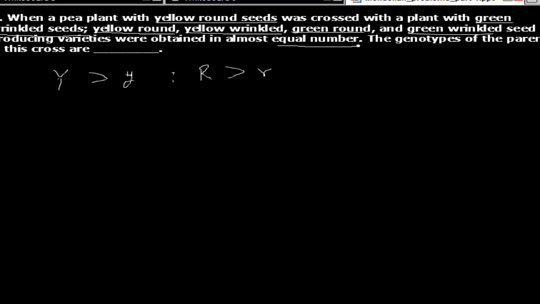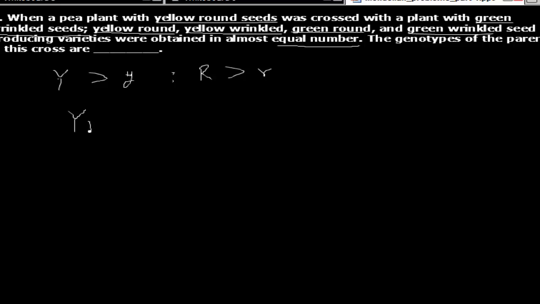So if it is producing in equal number, it's pretty clear that this is a typical case of test cross, because in the case of test cross only we get the phenotypic and genotypic ratio same. So it means the genotypes involved in making such a cross will be a typical test cross.